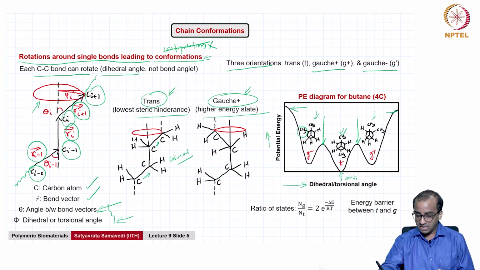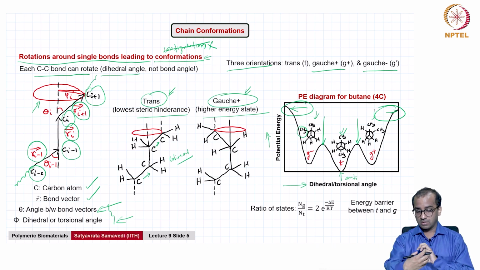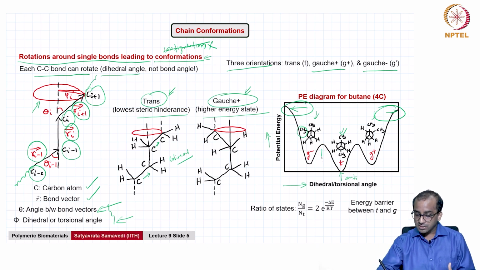And even here there is a subtle difference. In these states, the energy is even higher, probably the highest among all of them, because the CH3s will directly be behind one another. So, when you look through one methyl, the other methyl will not be visible because it is right behind it, and that leads to the maximum steric hindrance, leading to the highest energy state, as opposed to these ones where it is a CH3-hydrogen kind of eclipse.